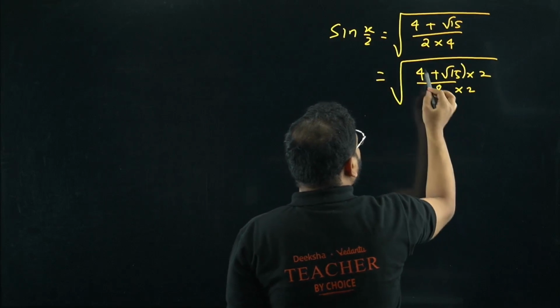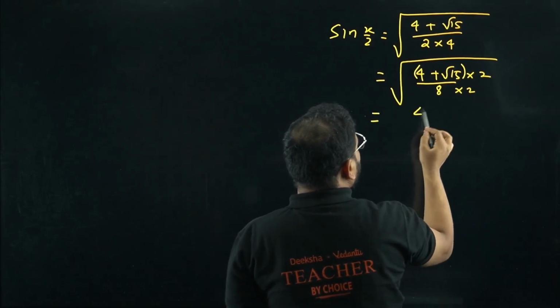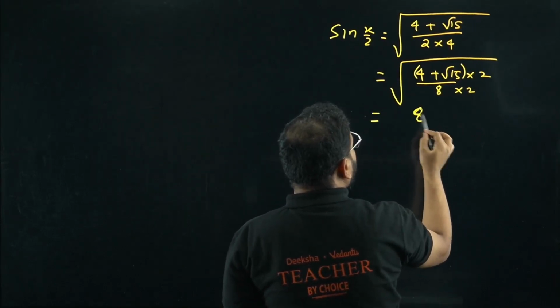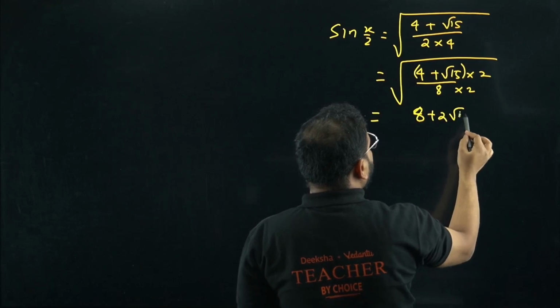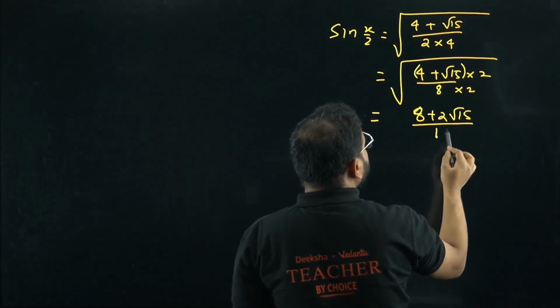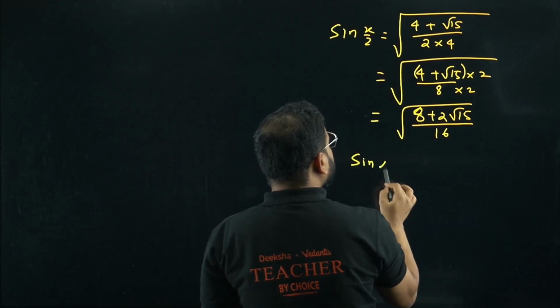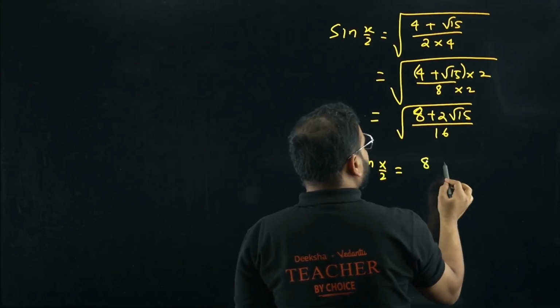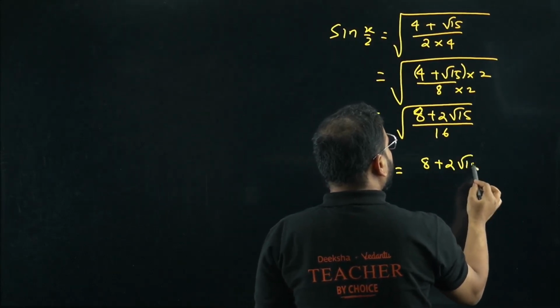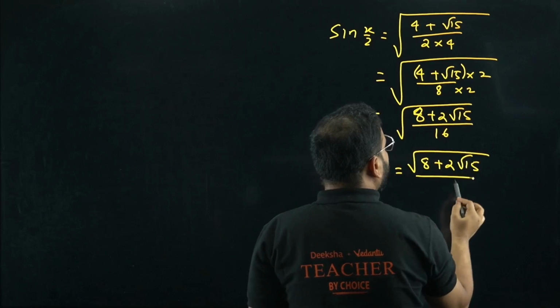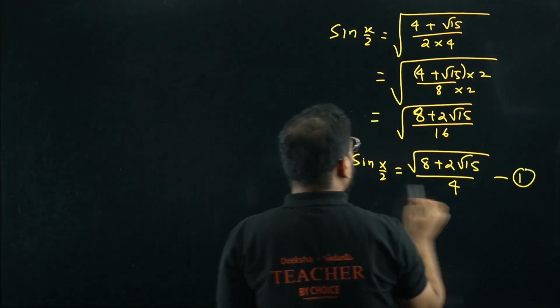What do you get, bacha? We get 4 into 2 is going to be 8 plus 2 root 15 divided by 16 under root. So I'm getting here sine x by 2 is equal to 8 plus 2 root 15, the whole thing under root, by 4. This is my first equation.